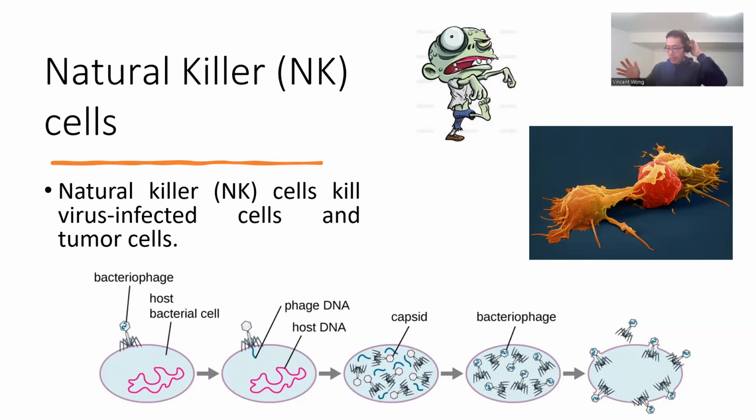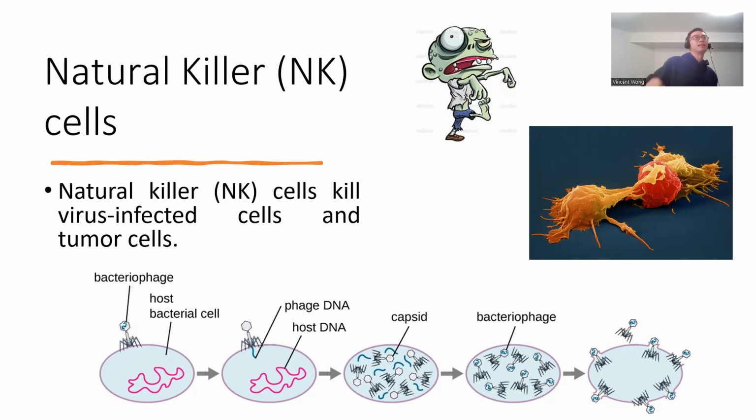The thing is, when a cell is infected with a virus, it actually puts distress signals on its cell membrane. It's telling your immune system, hey, I am infected with a virus, please come kill me before all these viruses burst out of me. It's like watching a zombie movie.